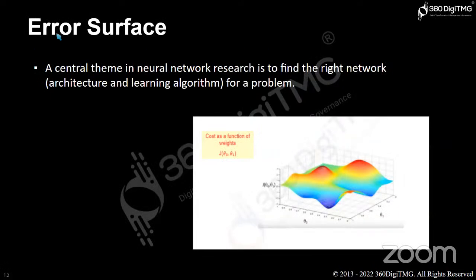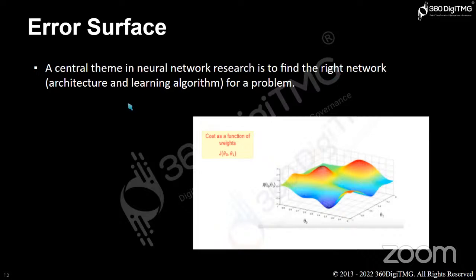Now, talking about the error surface. First of all, we should know the main aim of our neural network is to find the right network for a problem.